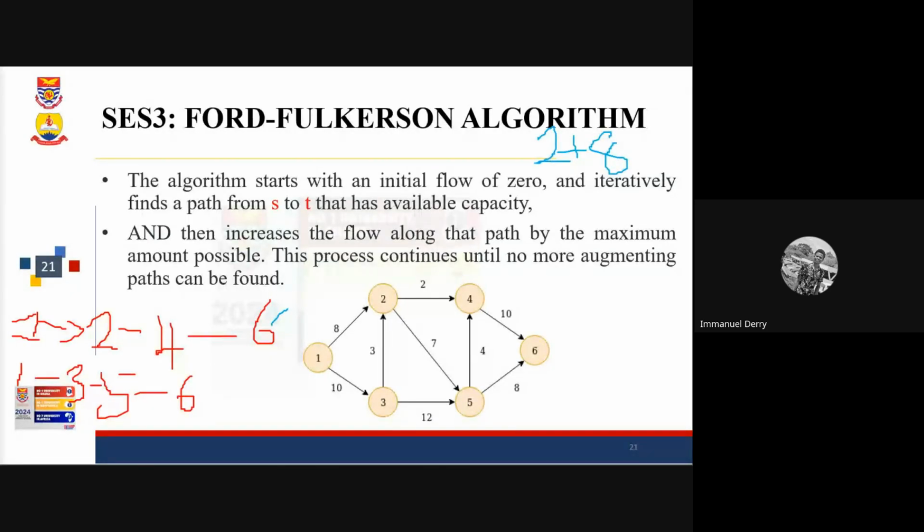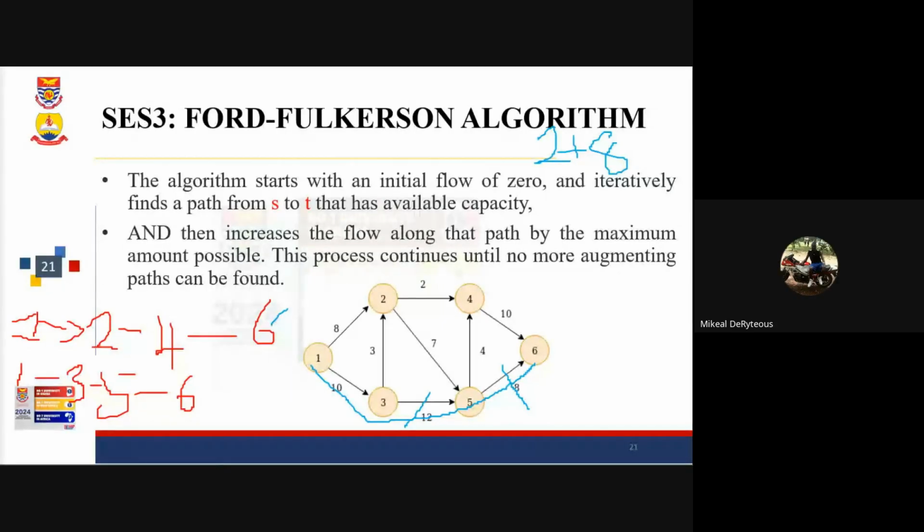Now, as soon as we identify the augmenting path and we take note of it, Michael, please can you come back with that again? How did they get 8? Yes, so the path is 1 to 3, 3 to 5, and then 5 to 6. The capacities on them: 5 to 6 is 8, 3 to 5 is 12, and 1 to 3 is 10. Which one is the least?